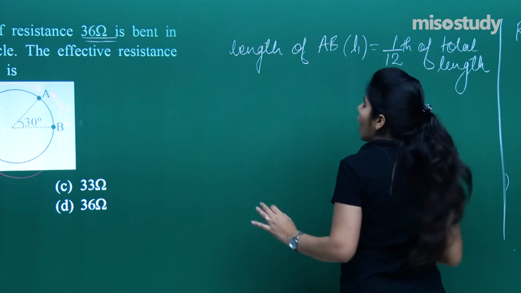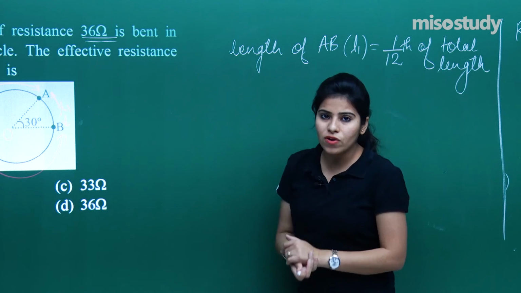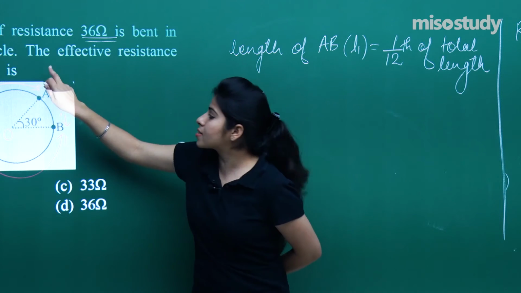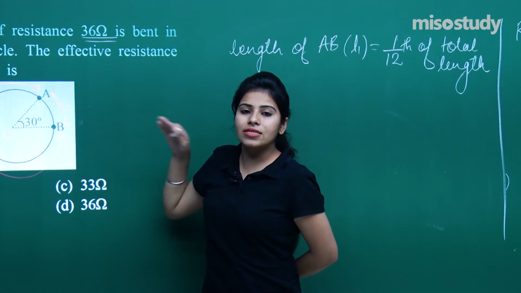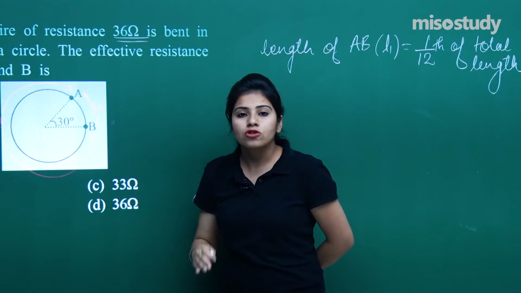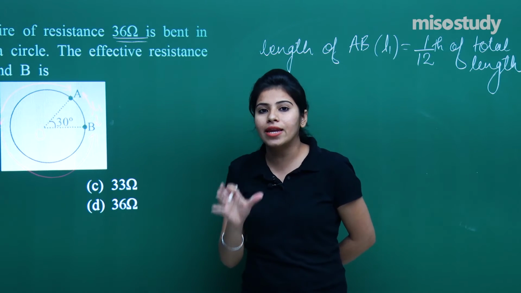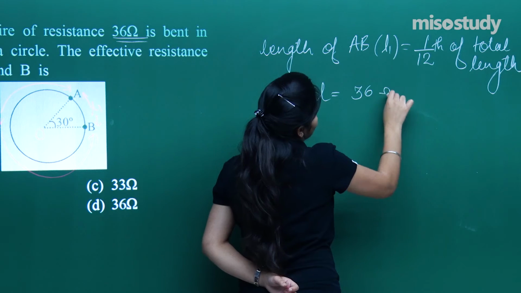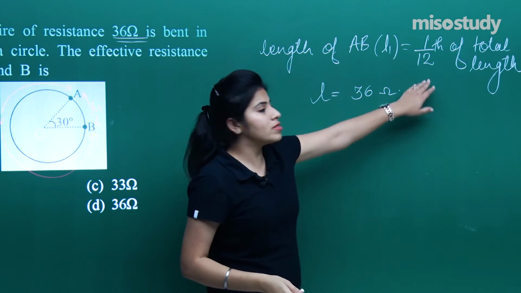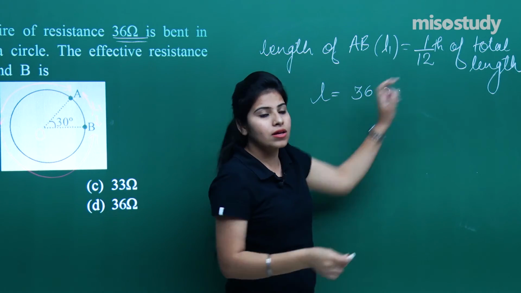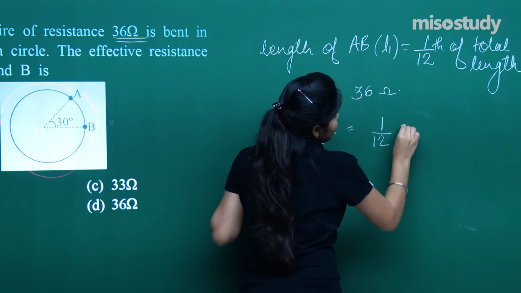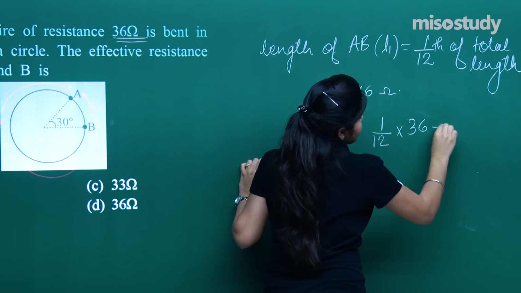Now we have been given that this complete wire has 36 ohm resistance. So if I say the complete length L has 36 ohm resistance, what will be the resistance of 1 by 12th of L? It will be 1 upon 12 into 36 ohm.